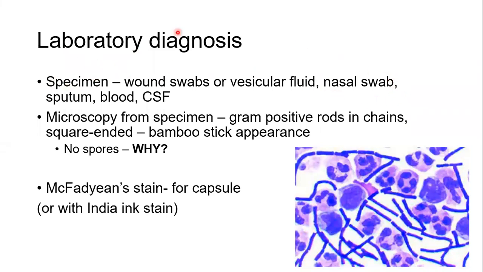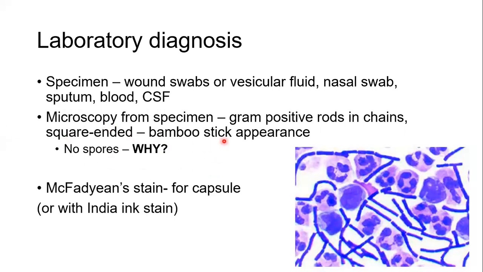You can have nasal swabs, sputum, blood, and cerebrospinal fluid. And microscopy will show gram-positive rods in chains, and they tend to be attached end to end, forming what is known as a bamboo stick appearance, but they do not have spores.